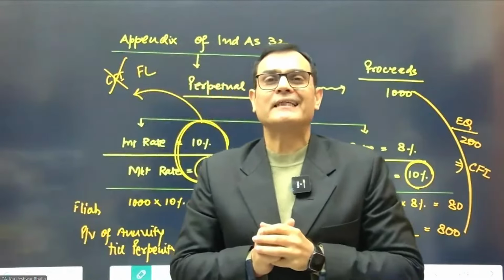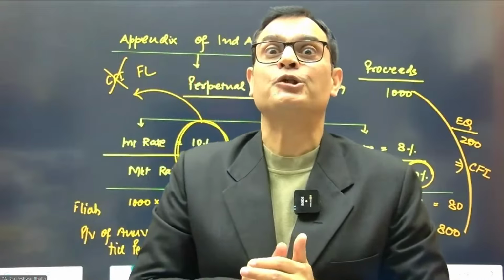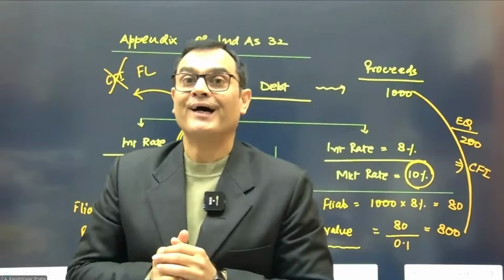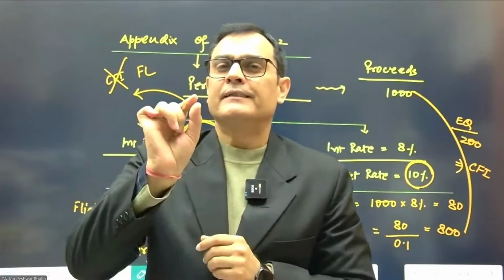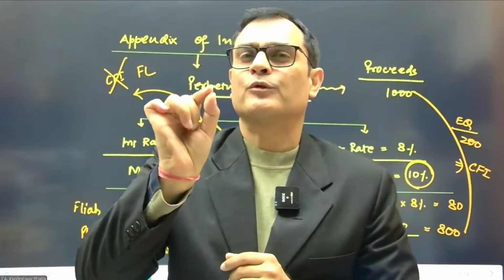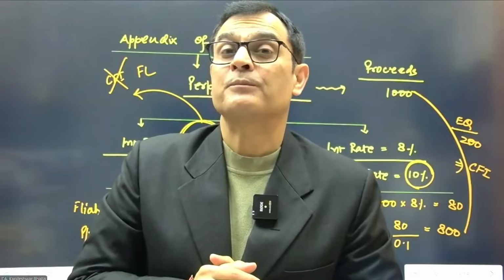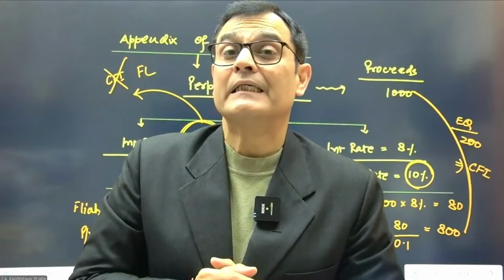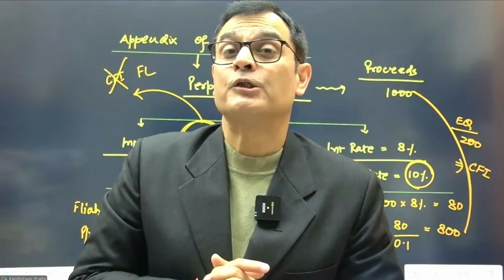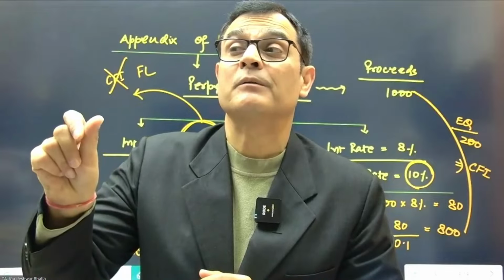Remember the sentence given everywhere: the interest rate is commensurate to the risk profile of the issuer. I am paying what I am supposed to pay. If I pay what I'm supposed to pay, it's a liability. If I don't pay what I'm supposed to pay, it creates an equity element in my instrument.